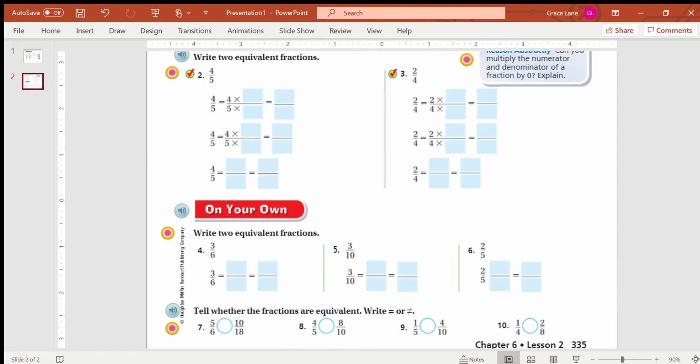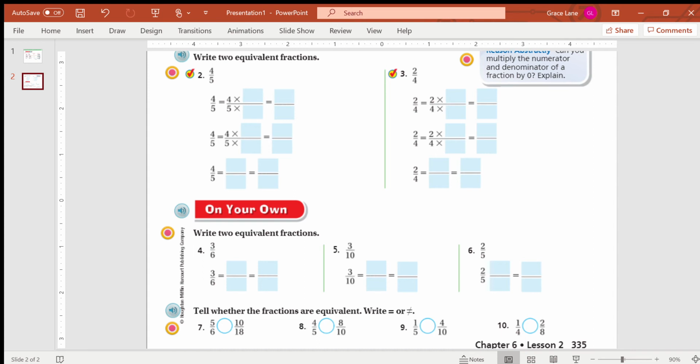So actually for the next 2, 3, 4, 5, and 6, I have to tell you that your answers might be different than my answers. When we think about equivalent fractions and making equivalent fractions, we said you could just multiply by a factor as long as it's the same in the numerator and the denominator.